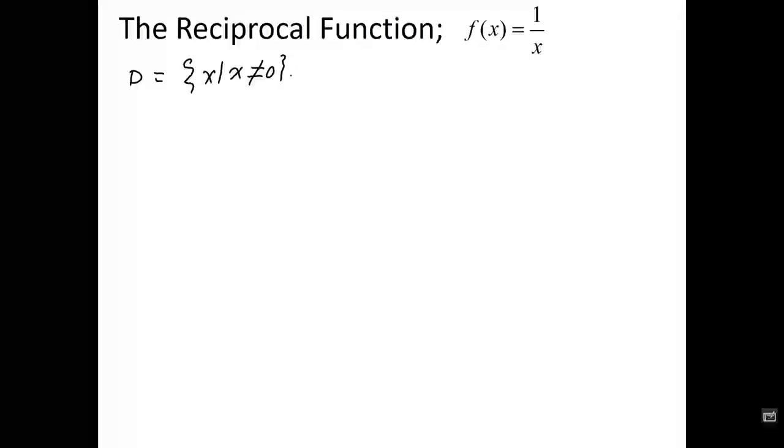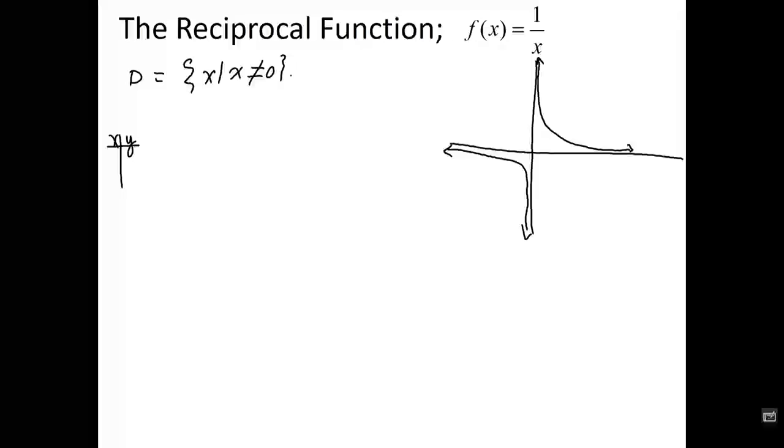All right, what would the graph of this reciprocal function look like? So the graph, if we were to graph this, all right, this would be the graph. If you want to check it, you can set up a table of x-y values.